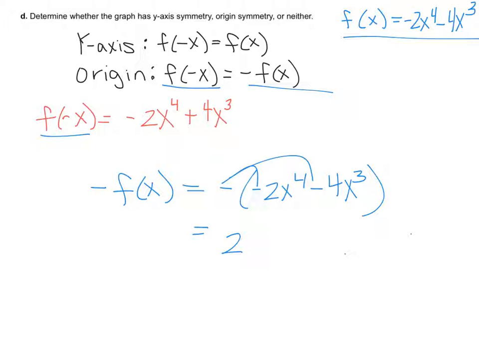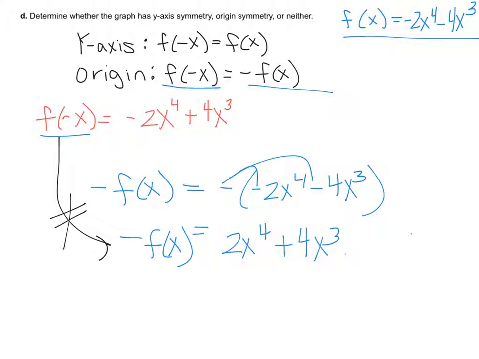So we get a positive 2x to the 4th plus 4x cubed. If we compare f of negative x to negative f of x, we can see that those things are not equal. So our graph doesn't have origin symmetry either. Since it doesn't have y-axis or origin symmetry, then our answer is neither.